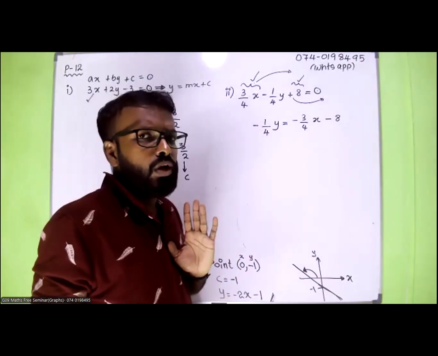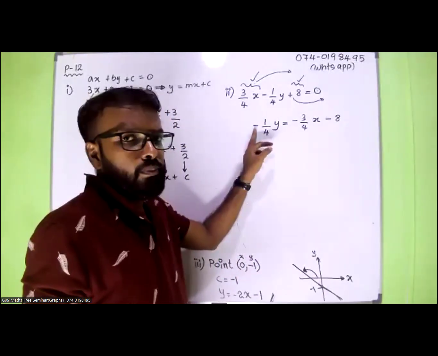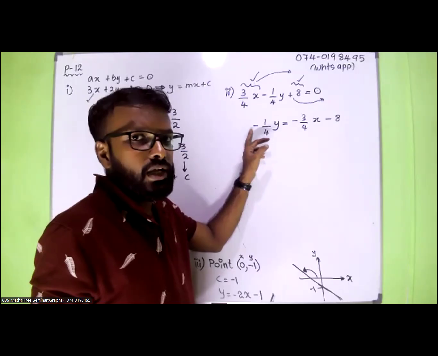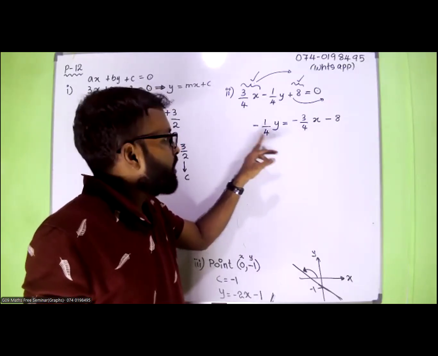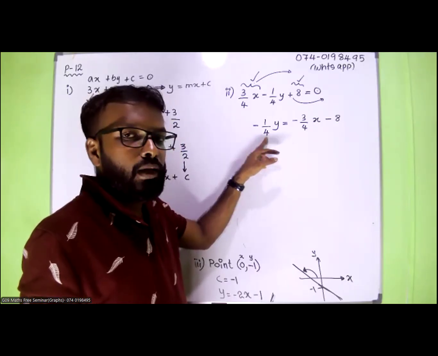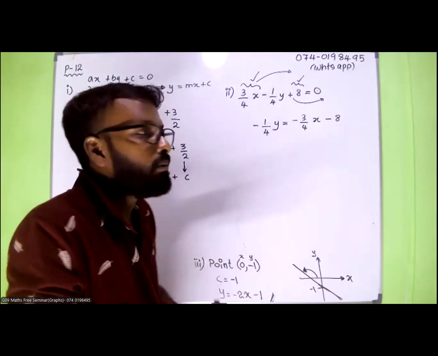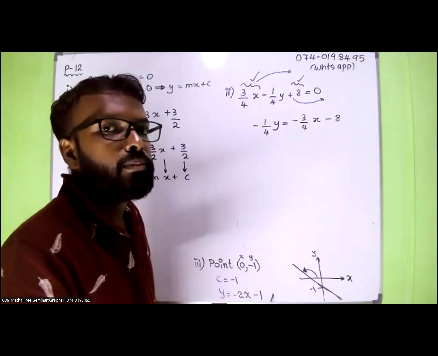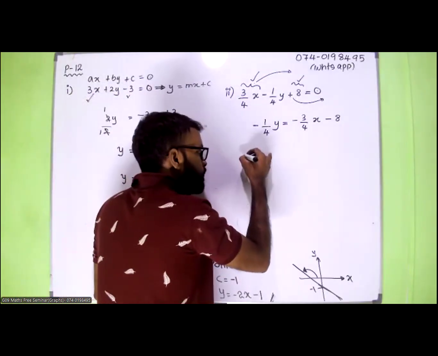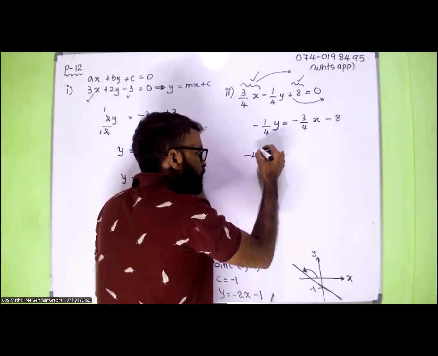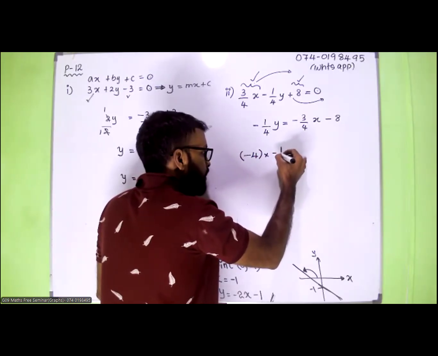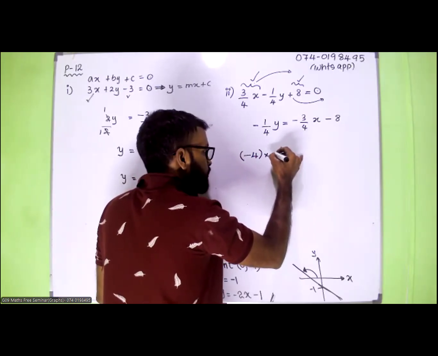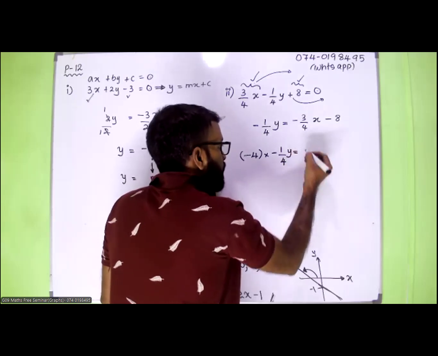I will do it like this. I can convert this minus sign into a positive sign by multiplying by minus 1, and I can remove this 4 by multiplying by 4. So I am going to multiply each and every term by minus 4 at once. Minus 4 multiplied by minus 1 upon 4 y equals.